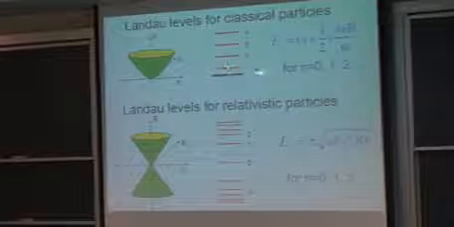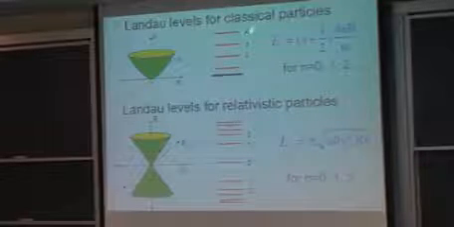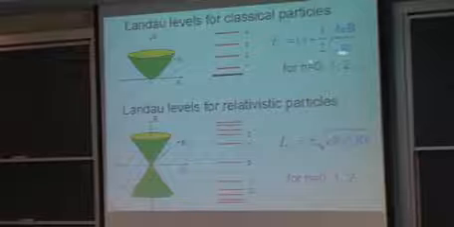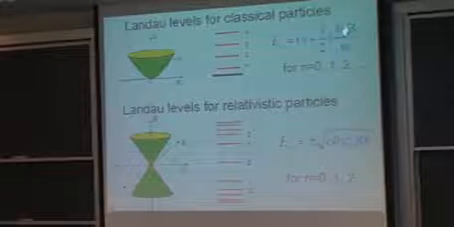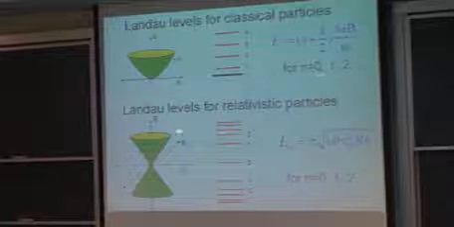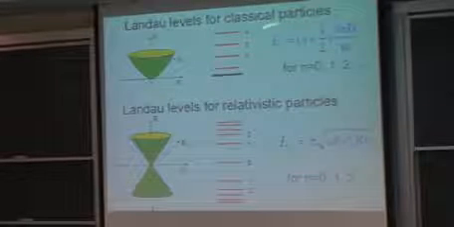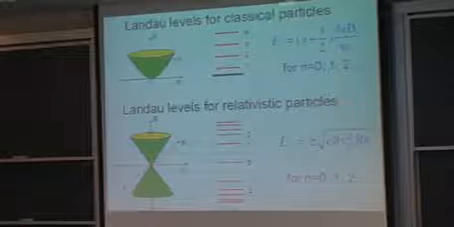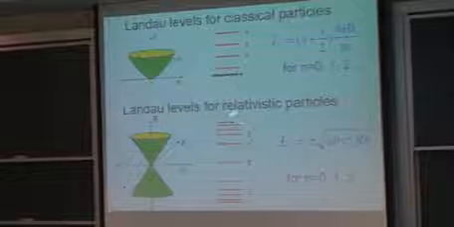And you can determine the energy eigenvalues. This I mentioned earlier. This is the cyclotron frequency, eB over m, ħω_c, and these are the Landau levels. These are for Dirac fermions.